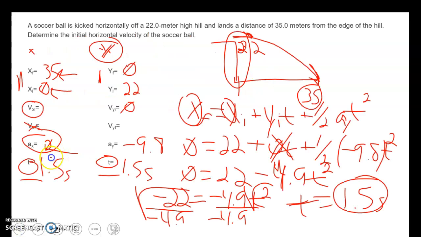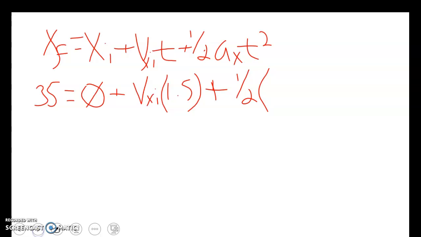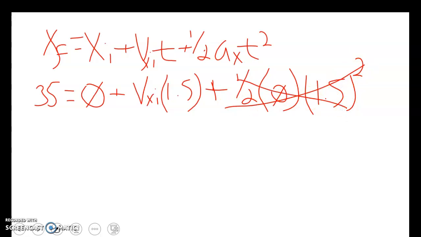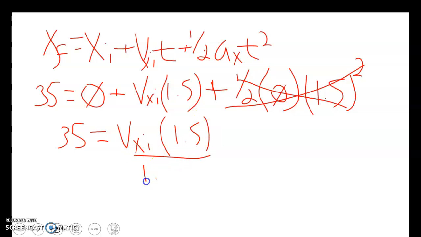As you'll recall, no acceleration in the x, so that's going to be 0 times 1.5 squared. This is all 0, because when you multiply by 0, you get 0. So essentially, my equation is distance is equal to velocity times time. And I just divide by 1.5. And my x velocity, or the velocity that I'm kicking this ball at, is 35 divided by 1.5.